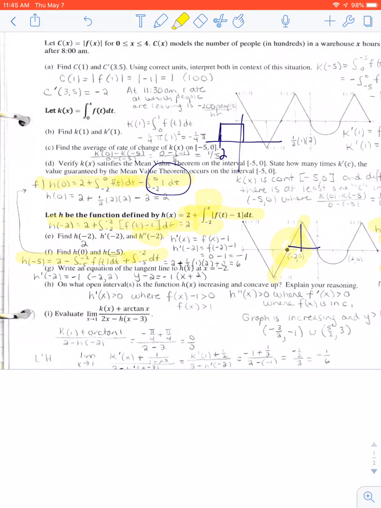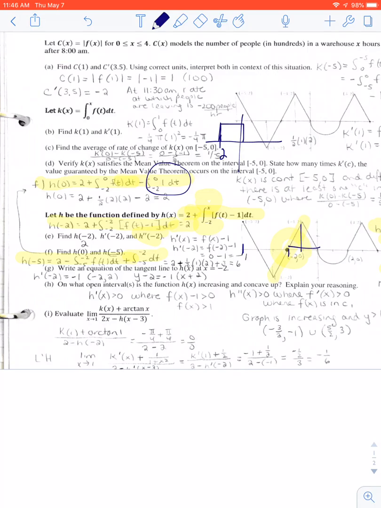And then I could go through and find the area under the curve from -5 to -2. So here was -5 to -2. And then I have 2 plus that area, which is 1/2 times 1 times 2 plus 3. And then if I add that all together, I'll get 6.